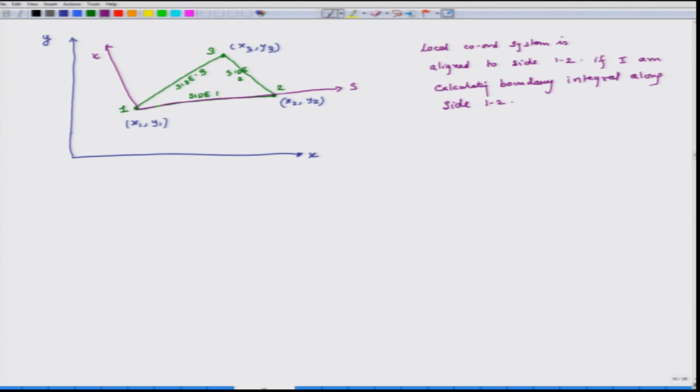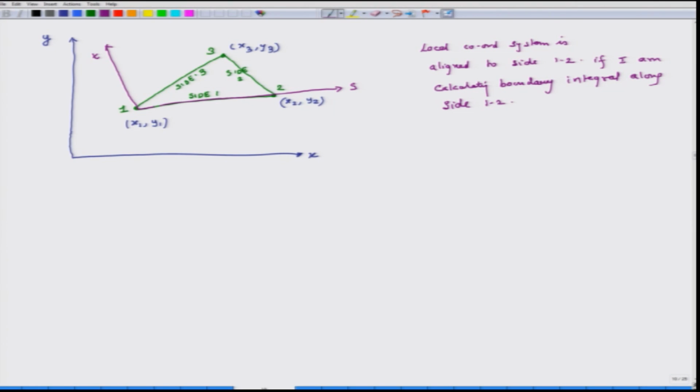Okay. If I was interested in calculating boundary integral along side 2, 3, then my S axis would be along line 2, 3 and my T axis would be normal to that, understood, and the origin would lie at node 2.